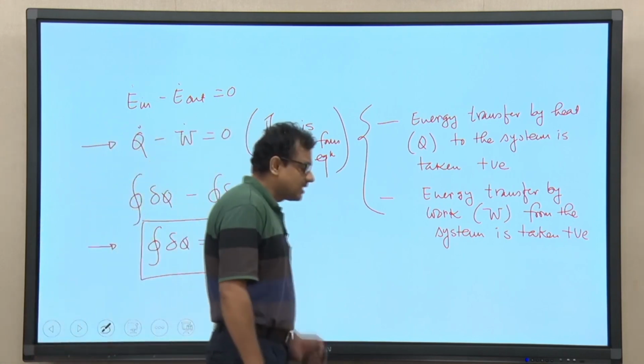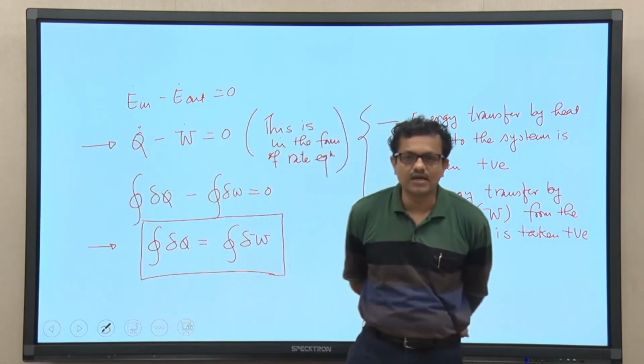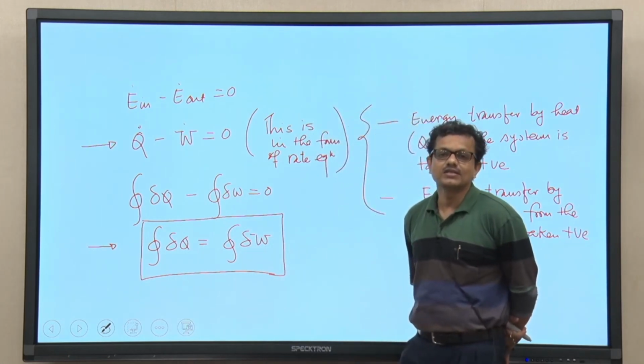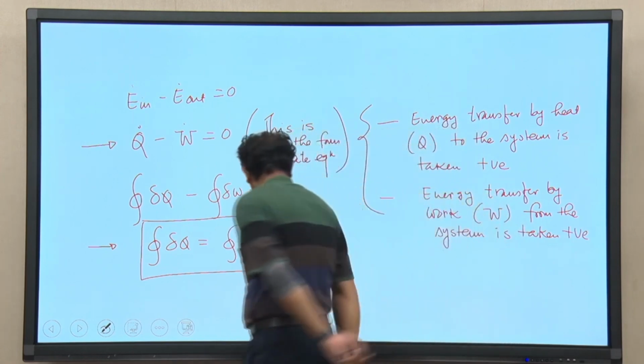Okay. So, this is basically the expression of the first law of thermodynamics for the control mass system undergoing a cyclic process. Let us write.